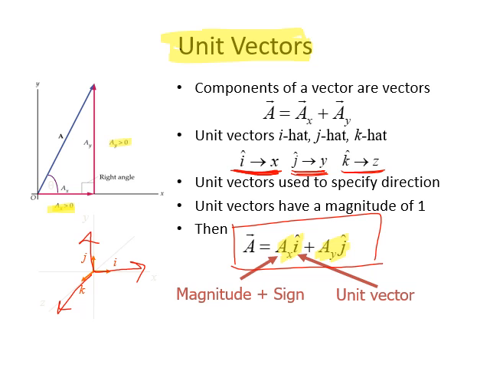Since you have this 2-dimension projection for the vector, how do you write the vector? ax is the magnitude on the x-axis, i cap is the direction along x, ay is the magnitude along y, and j cap is the direction along y.